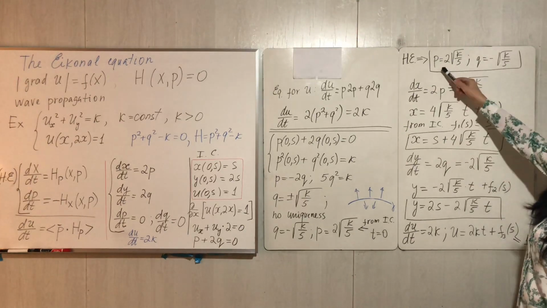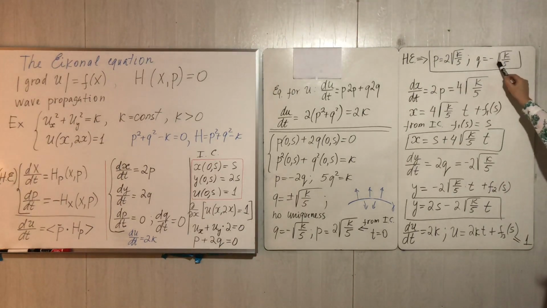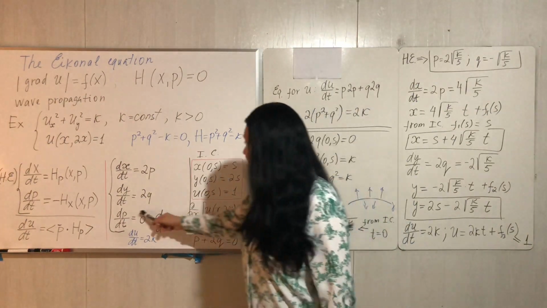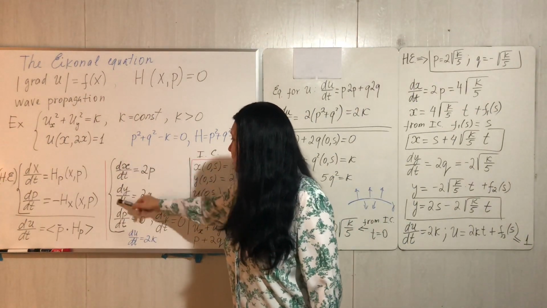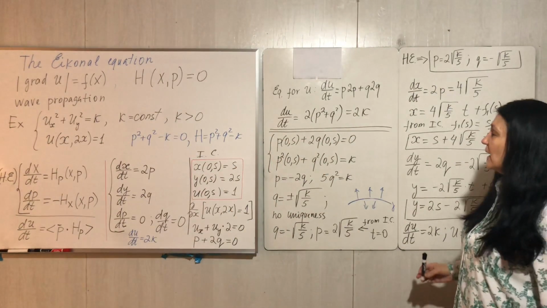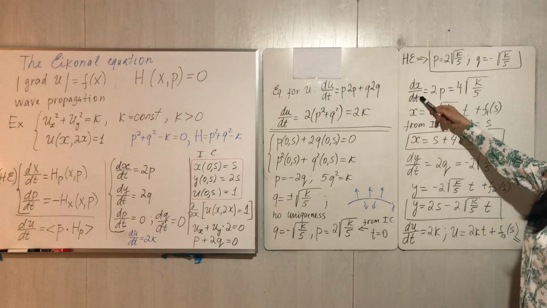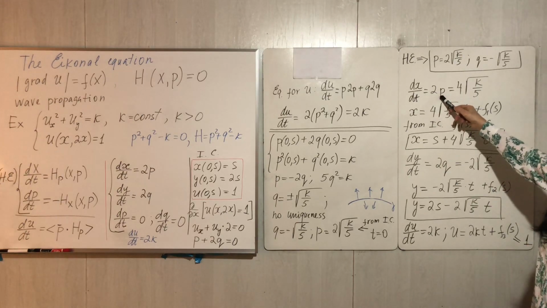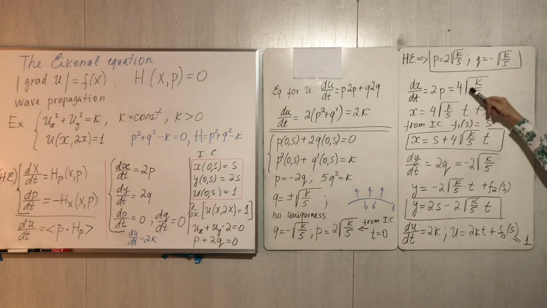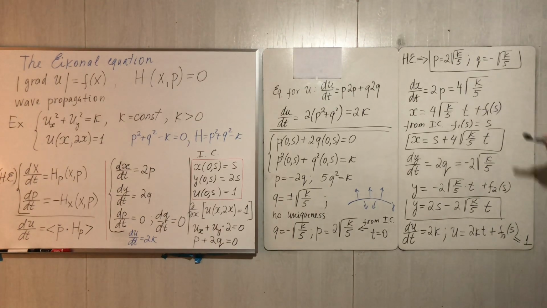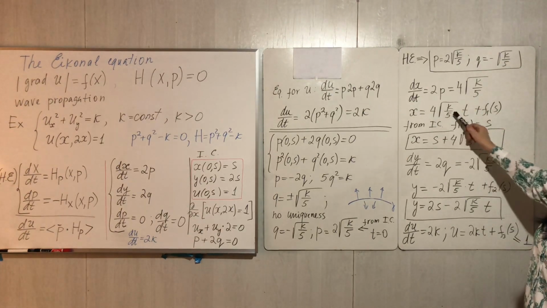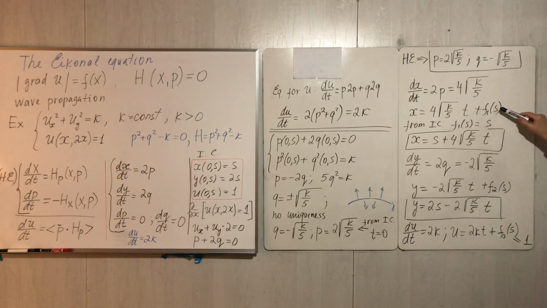And so we found p and q, right? So now we can finish solving our Hamilton's equation by finding x and y. For x we have dx dt equals p, and since p is this, now this will be 2 square root of k over 5, and then we integrate, it will be the same constant times t plus a function of s.